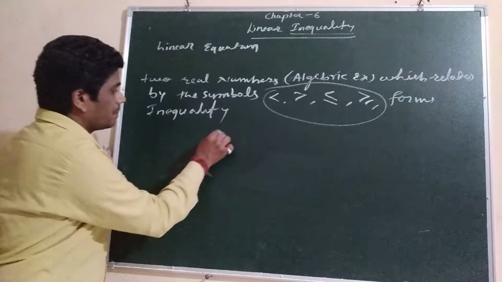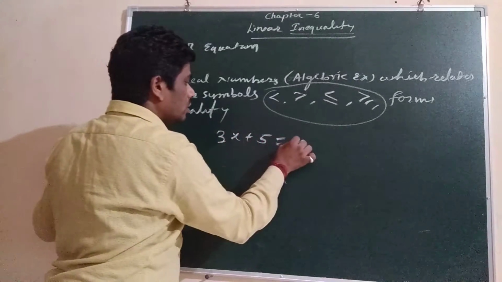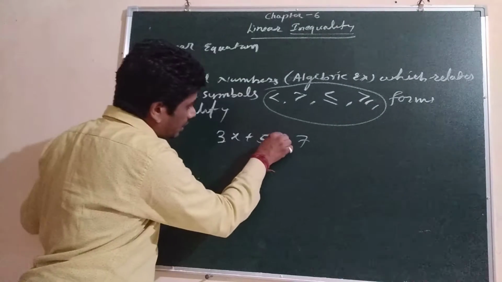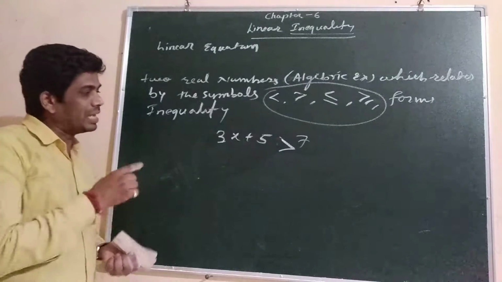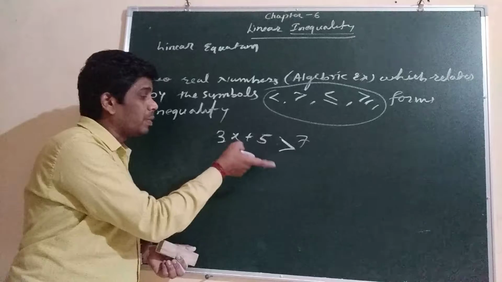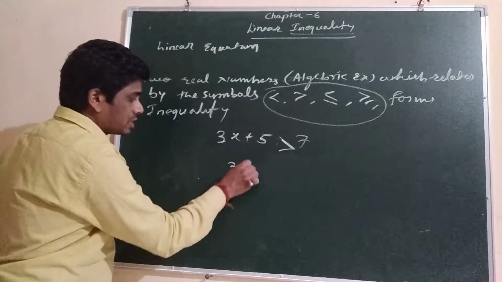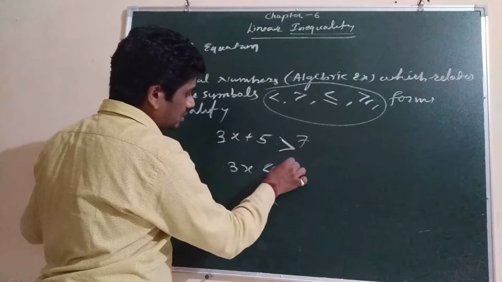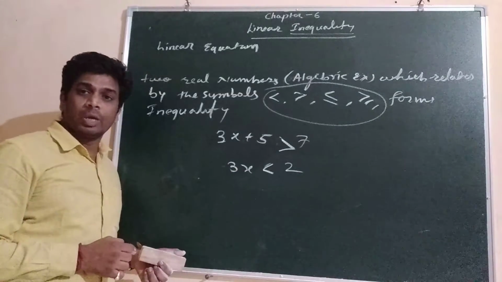For example, if it is given 3x plus 5 equal to 7, this is called an equation. But if it is given the greater than or equal to symbol or the greater than symbol, you can say that it will not be a linear equation, it will be a linear inequality. Or if it is given 3x is less than 2, this will be a linear inequality.